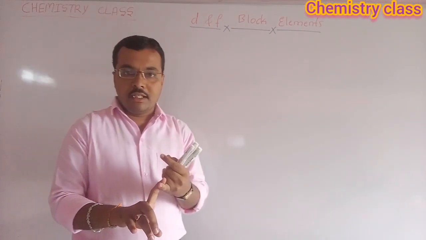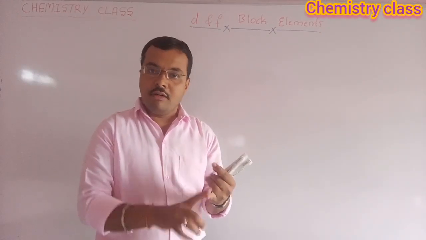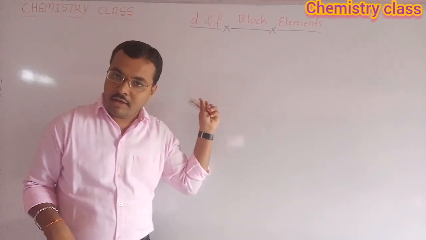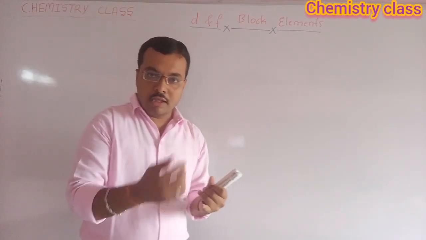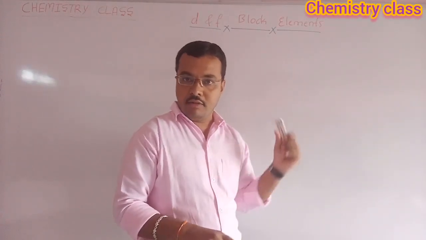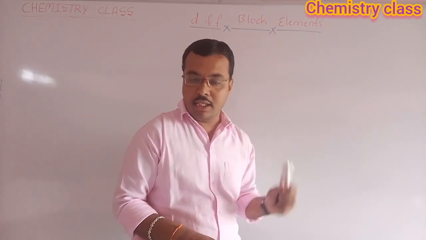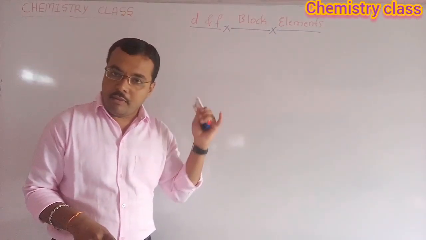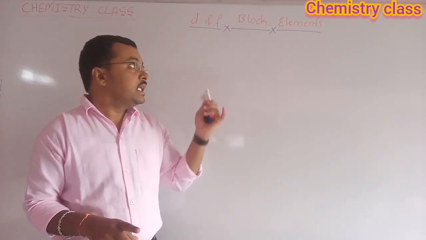S block elements are those where the outermost electron enters the S atomic orbital. Those are called the S block elements, and where the upcoming electron enters the outermost P atomic orbital, those are called the P block elements. Another one is the D block elements.